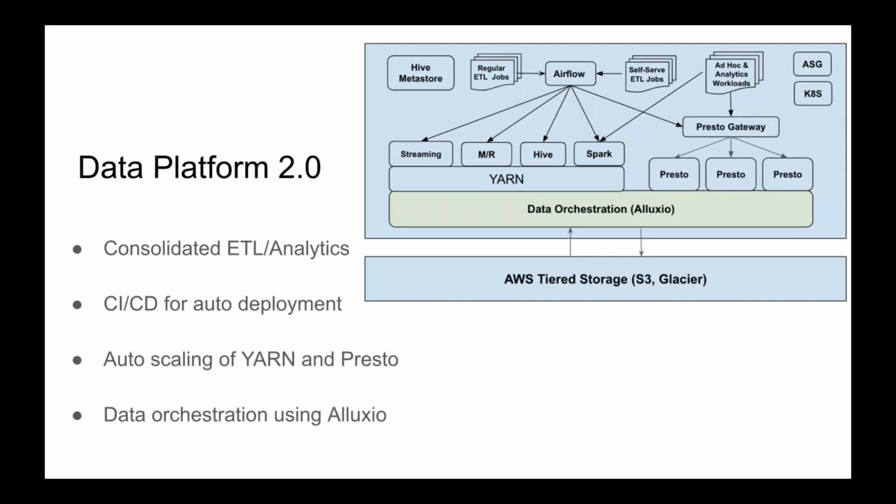And the fundamental enabler here is we're using Alluxio for data orchestration. This layer sits between the different engines like YARN and Presto, and the AWS tiered storage S3. So the data is cached into Alluxio on demand, and it provides a unified address space.